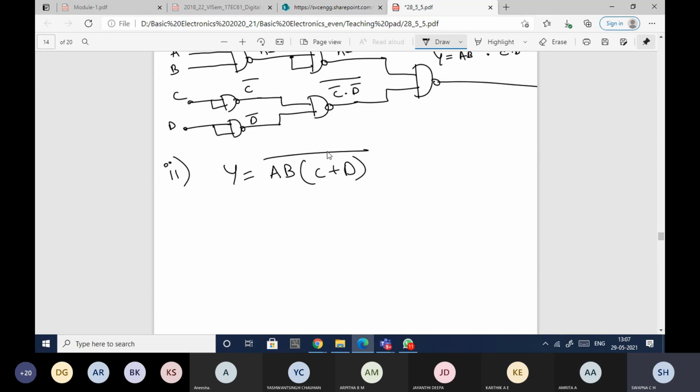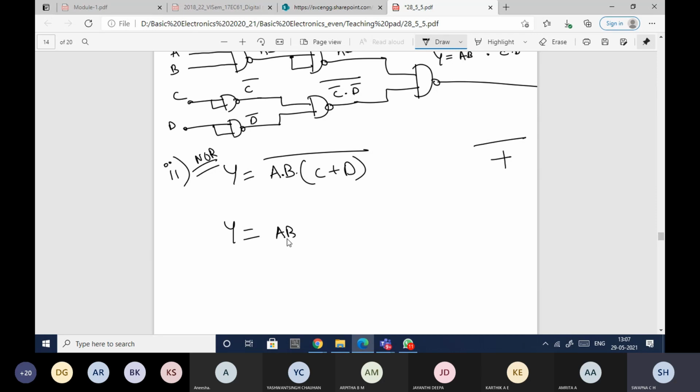Okay, so now the second one using NOR gates. Again I've taken this expression. For a NOR gate, the logic is you need to have plus and whole bar should be there. But if you observe here I have dot, here also I have dot, and whole bar is there. So what I need to do, I can just expand.